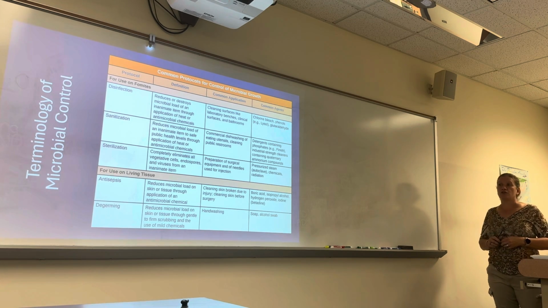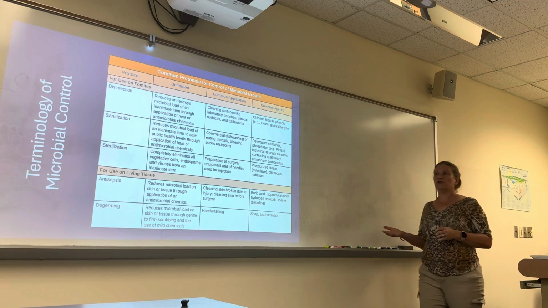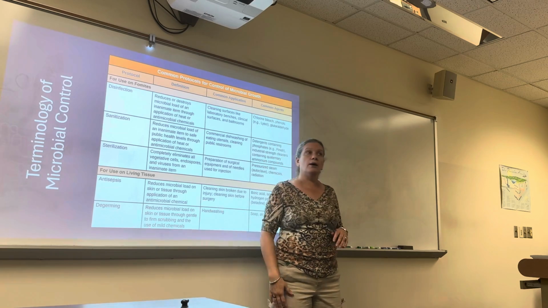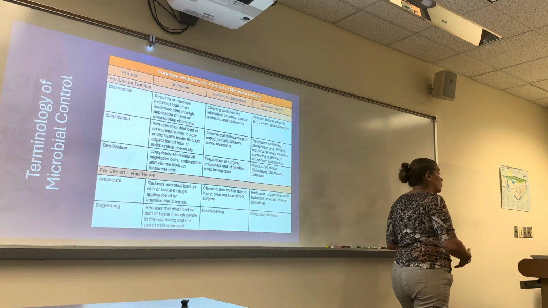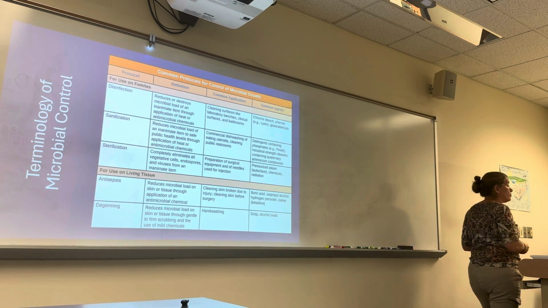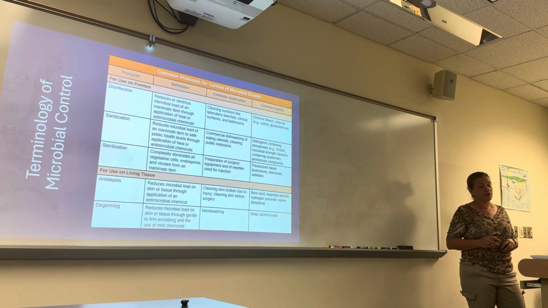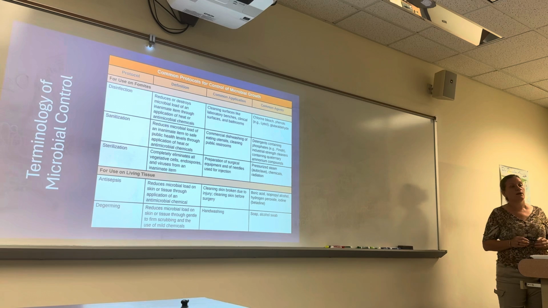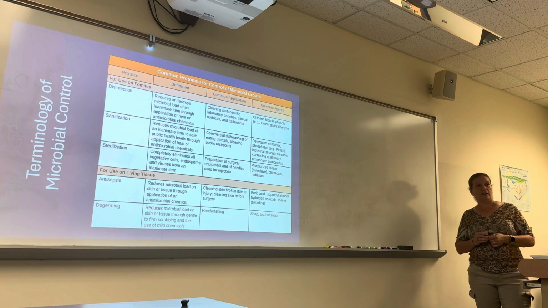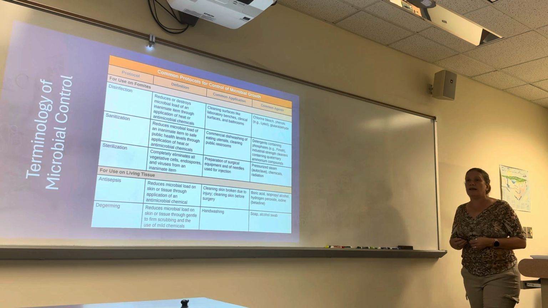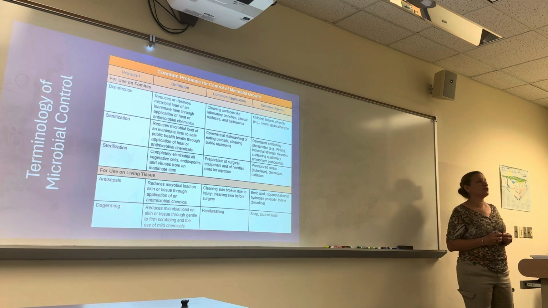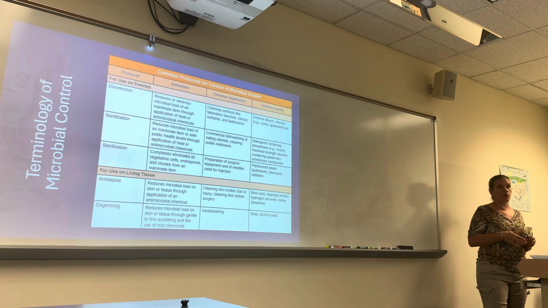And then the last term is one we can use on living tissue, or we can use for other products like your laundry when you're washing your clothes, and that is a degerming process. The degerming process is actually a mechanical process more than anything else. We might use a chemical involved in that process, such as the soaps, but the soaps don't destroy the microorganisms.